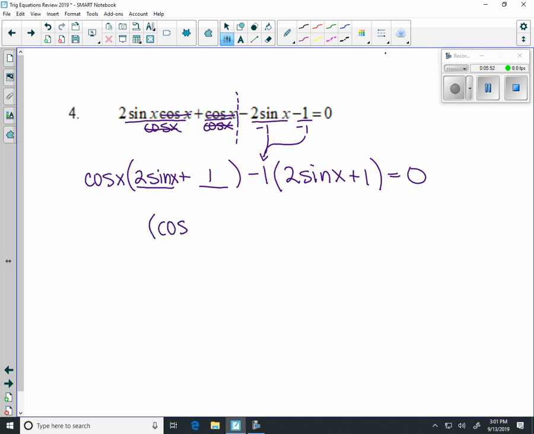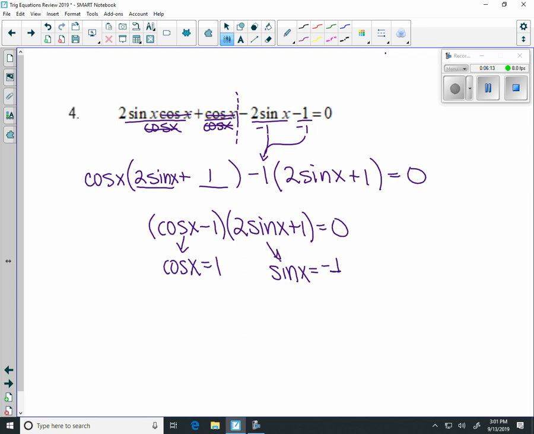So cosine of x minus 1 is one of our sets of parentheses, and 2 sine of x plus 1 is the other. Which means that cosine is equal to 1. And sine, careful with your positives and negatives here, sine is equal to -1/2.